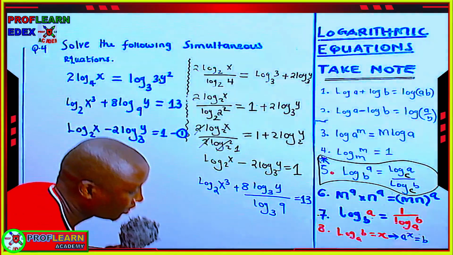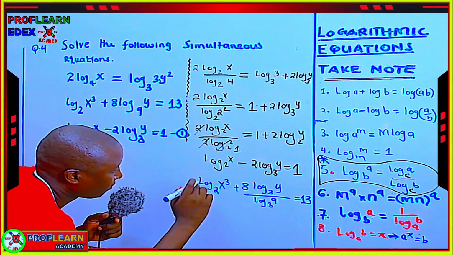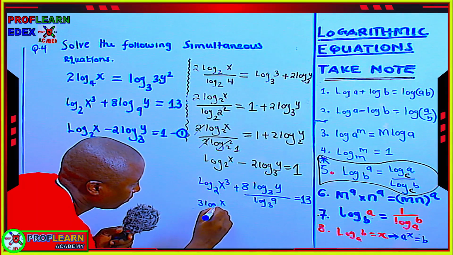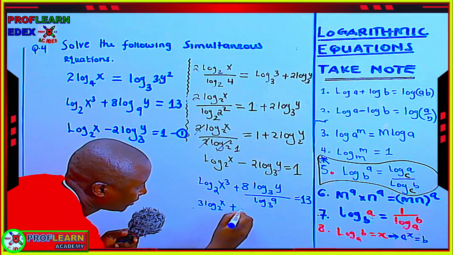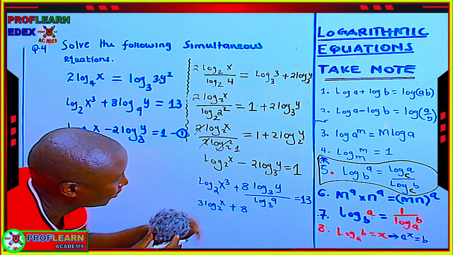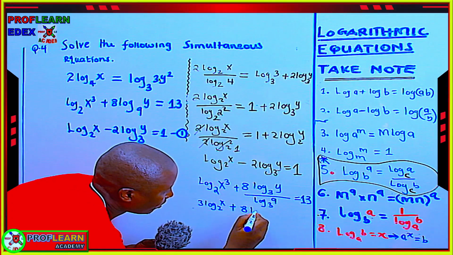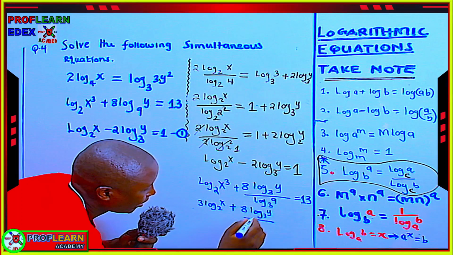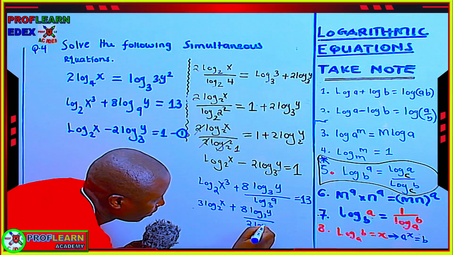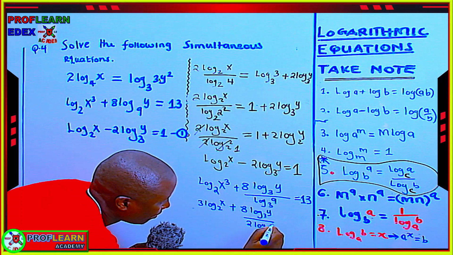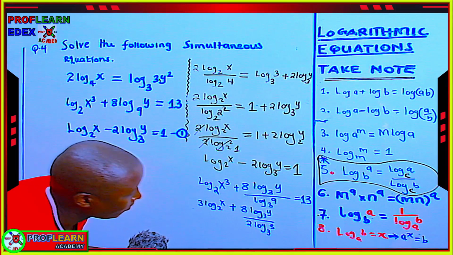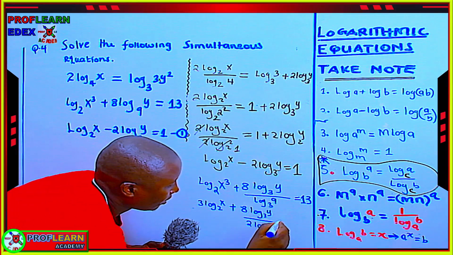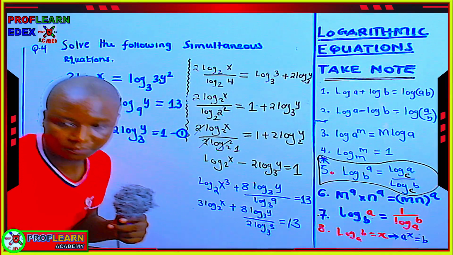Now, at this point, take this power behind the log, so we shall have 3 log x base 2 plus 8. This one we can write the way it is, log y base 3 over, this can be written as 2 log 3 base 3, because if you take this power up, it will give you 9 here, and this is equal to 13.